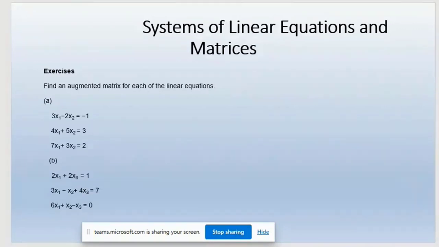This is what I did. I multiplied the first row by -4. Then I multiplied the second row by +3.